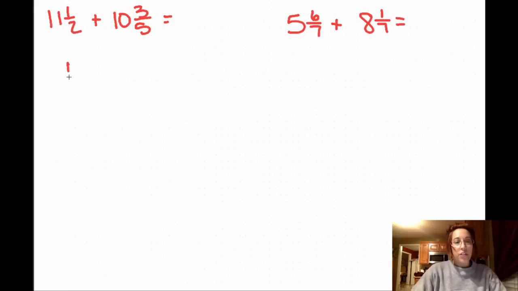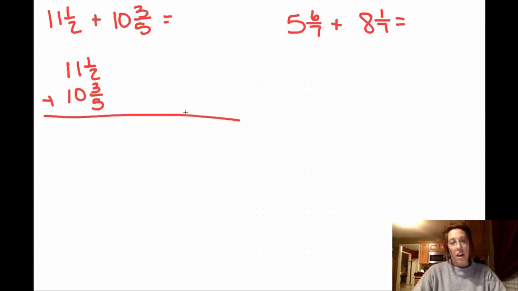So let's go ahead and do 11 1/2 plus 10 3/5. I can already tell that neither one of those is going to be my denominator. 2 won't go into 5. 5 is the largest number. Its next multiple would be 10. 2 will go into 10.